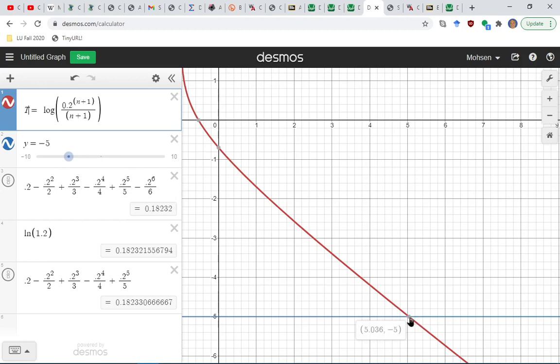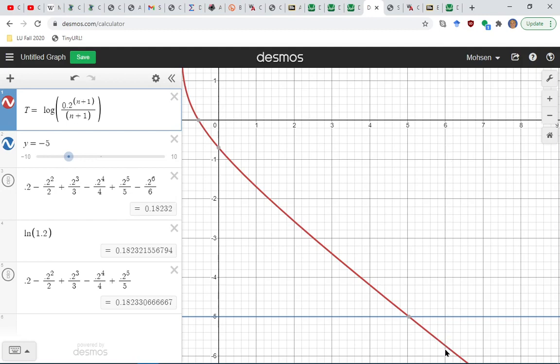So the intersection is at a point a smidgen past n equal to 5. Since we want to be less, we have to go to the next whole number. Here the intersection is at 5.036. To err on the conservative side, we come to n equal to 6.